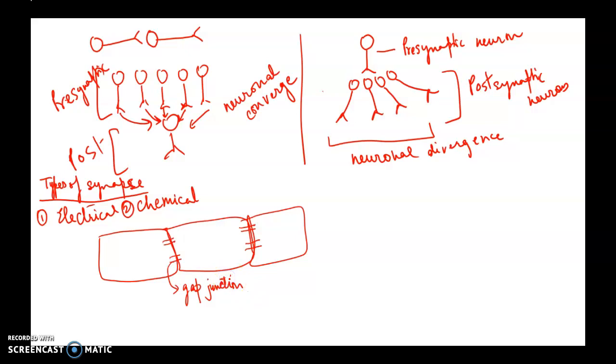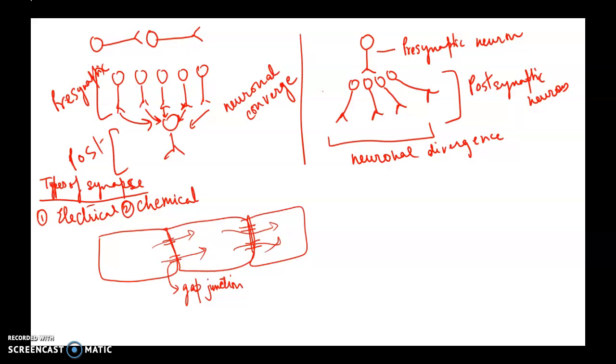Therefore, if the cells are connected to each other by gap junctions and their plasma membranes are fused, in case of electrical synapses, will there be cytoplasmic connection between the cells? Yes, there will be. And via these gap junctions, ions can flow from one cell to the next. Superfast process, electrical synapse.